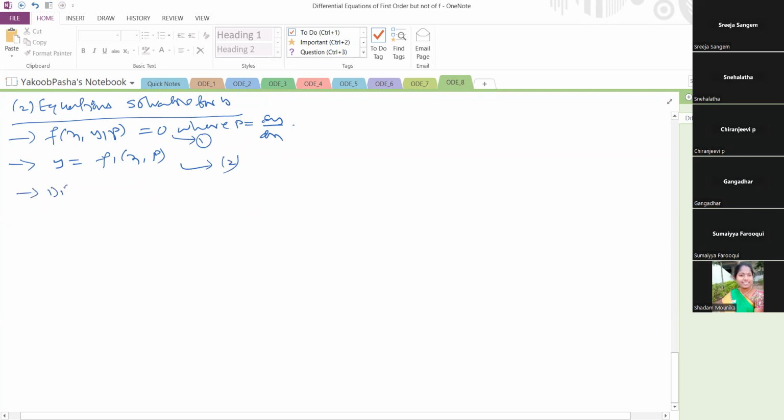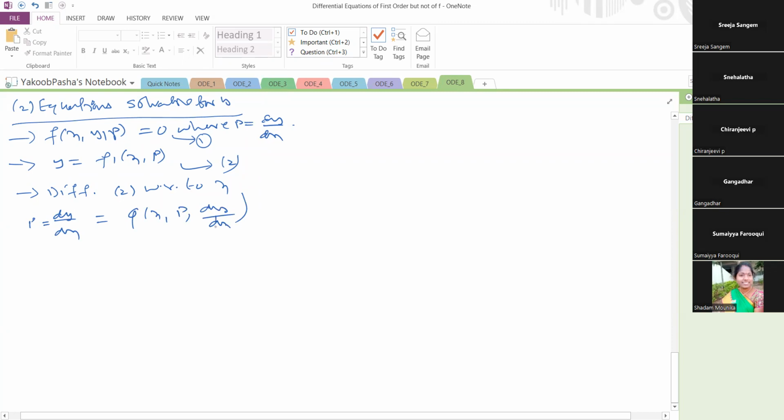Now differentiate equation 2 with respect to x, and replace p by dy by dx. Then the differential equation dy by dx, we are differentiating with respect to x, that is nothing but p, that is equal to a function of x comma p comma dp by dx.